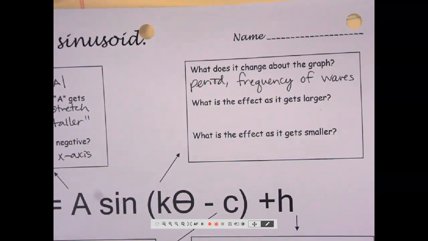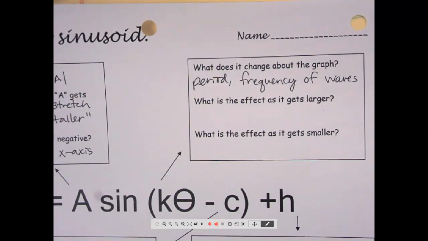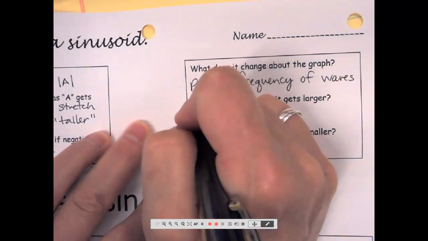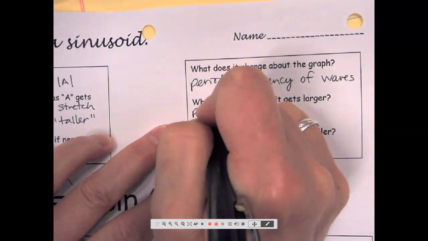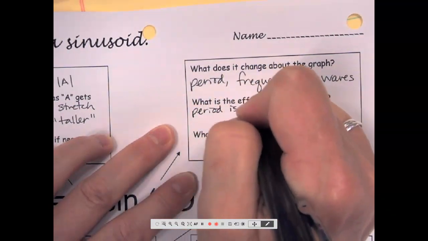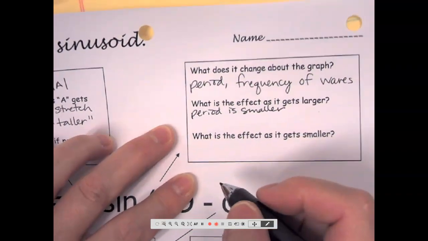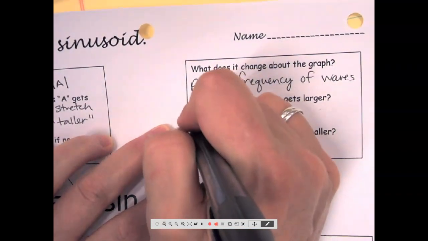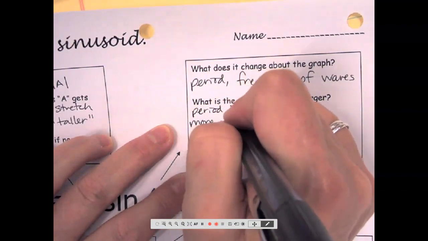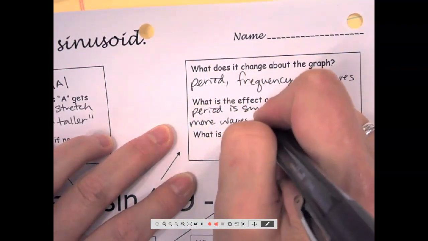Okay, what is the effect as it gets larger? So 2 was bigger than 1, and we had 2 times as many waves. So it smushed more waves into the same space. So it was making the period smaller, and we were seeing more waves appear.